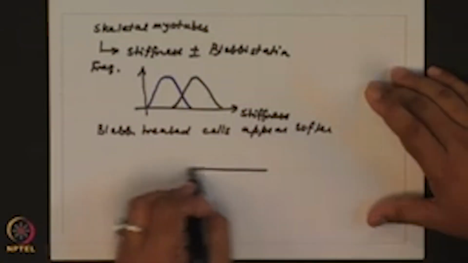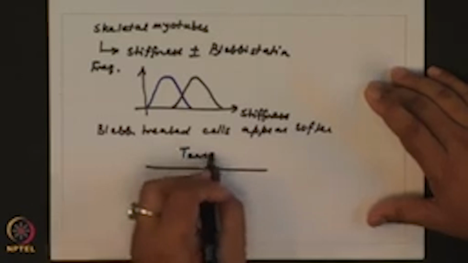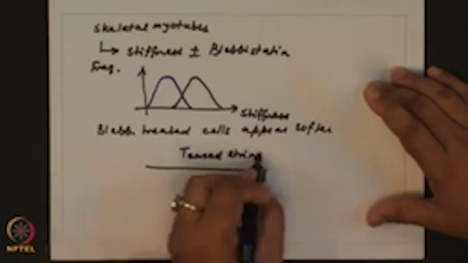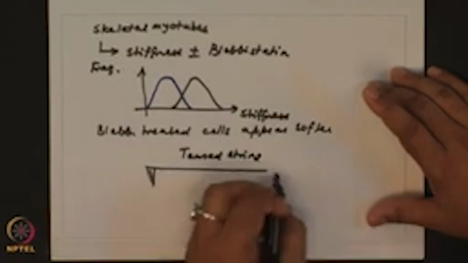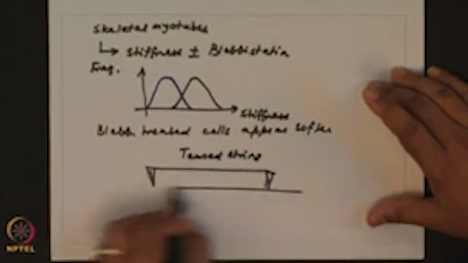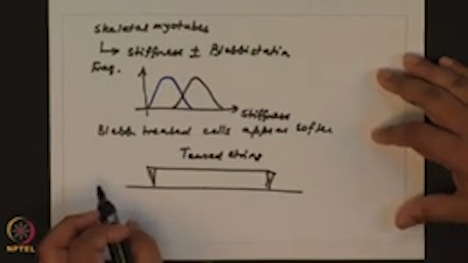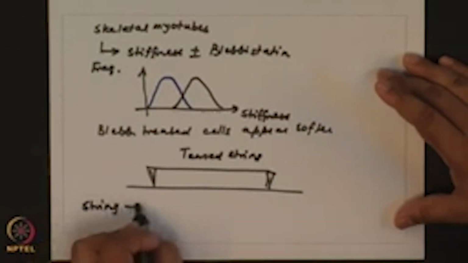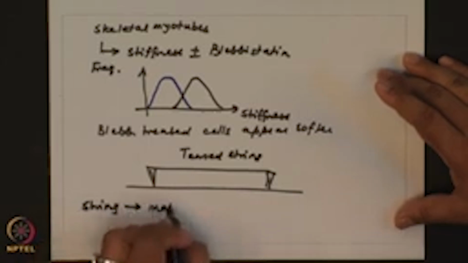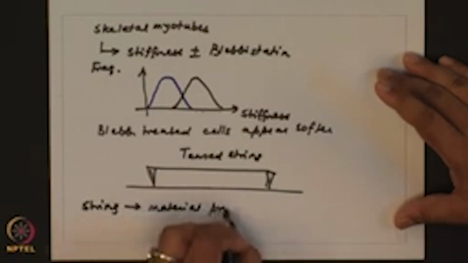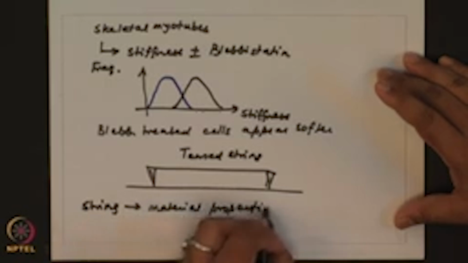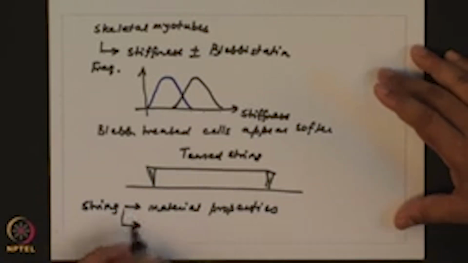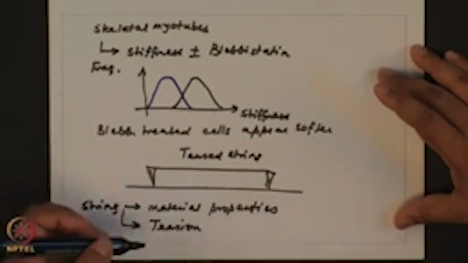If you think of the cell as a tense string, which is anchored at two points on a substrate, the string has its own material properties, on top of which you are adding some tension in the string.